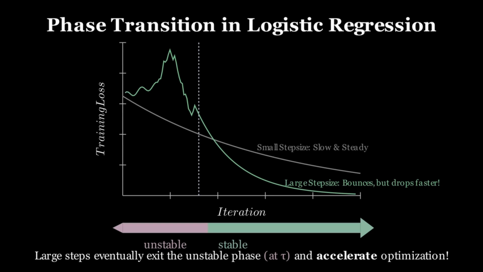We just crossed a phase transition. The training moves from a messy, unstable phase into a smooth, stable phase. So while large steps are initially unstable, they eventually exit that phase and greatly accelerate the overall optimization.